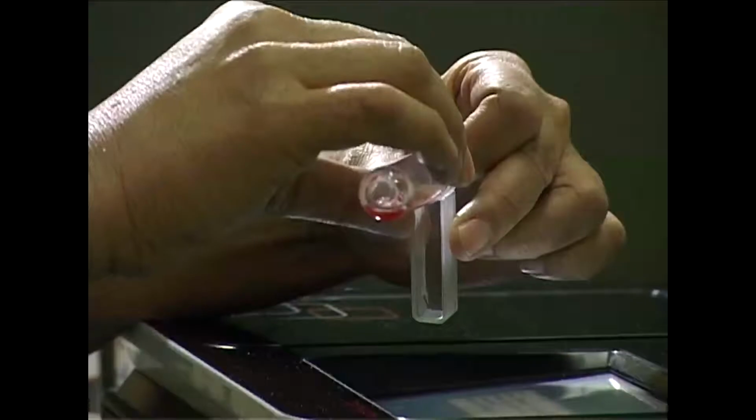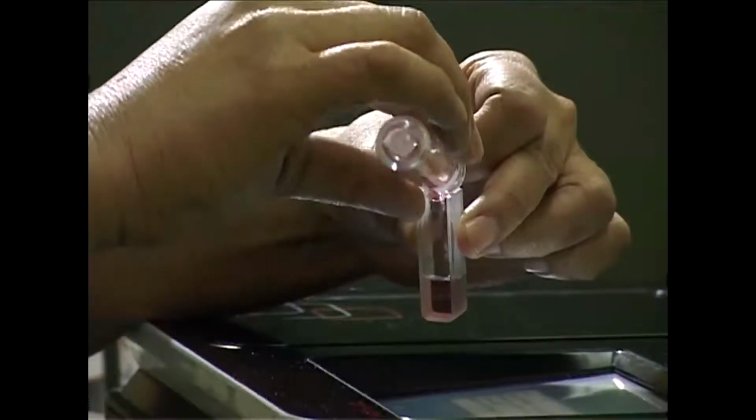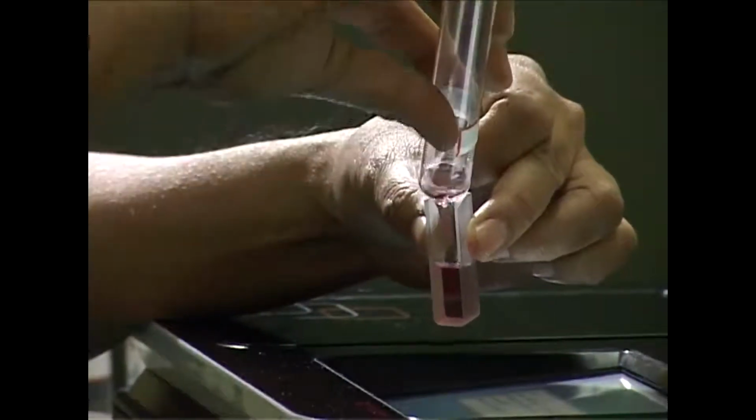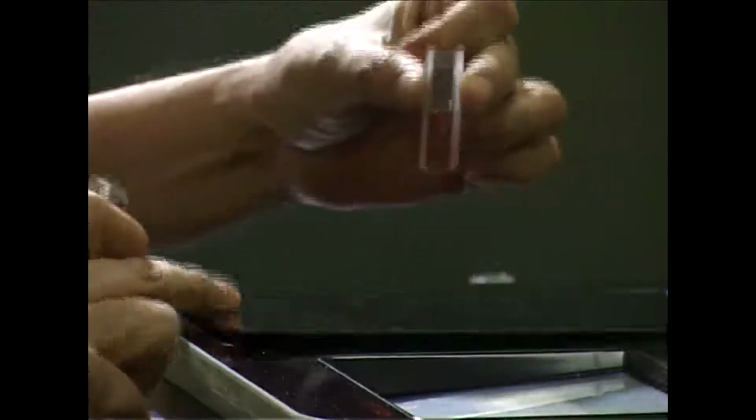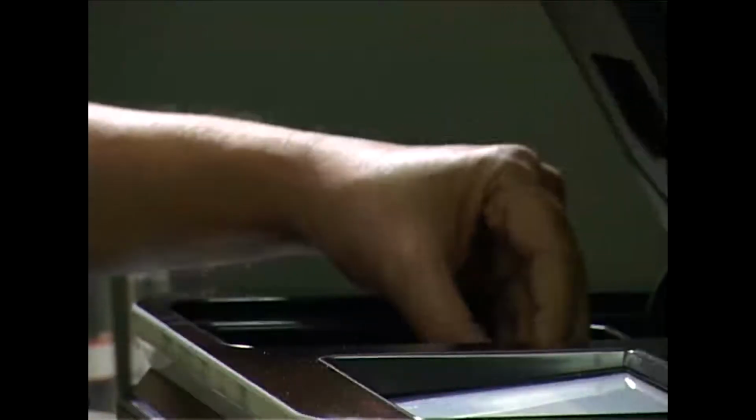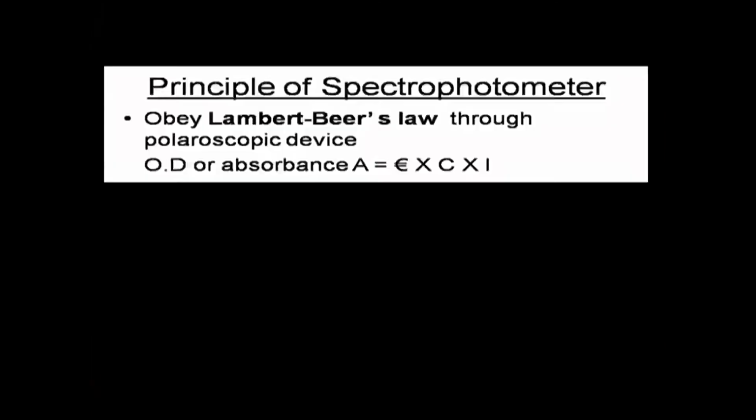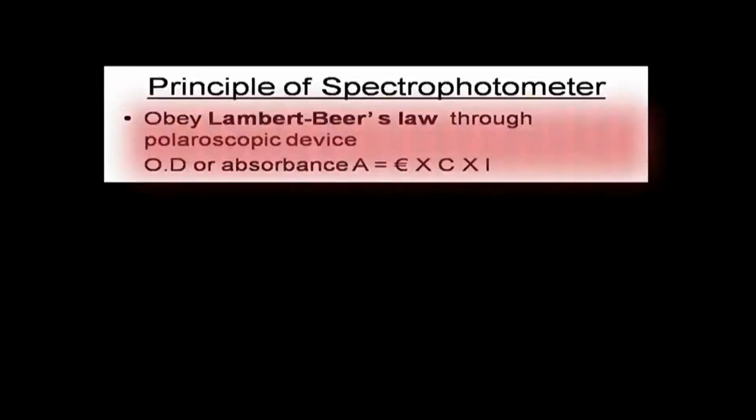The solution is kept inside this cuvette and the cuvette is placed inside the spectrophotometer, and it obeys the Lambert-Beer's law. The Lambert-Beer's law means the absorbance of the solution is proportional to the concentration of the solution. So, here we can say OD or absorbance is equal to epsilon C L.